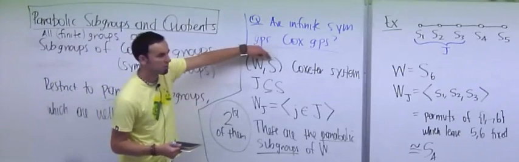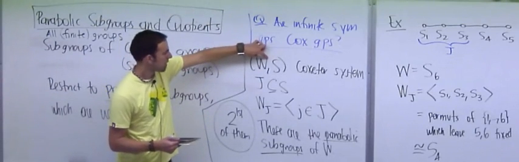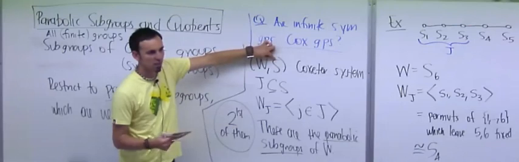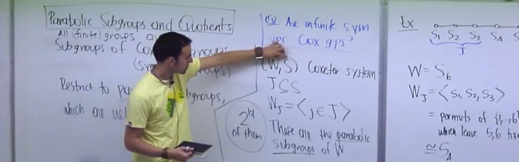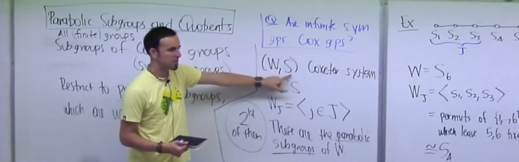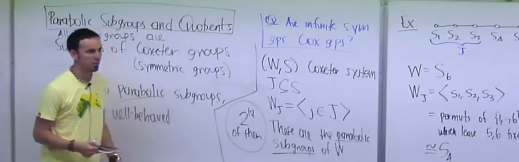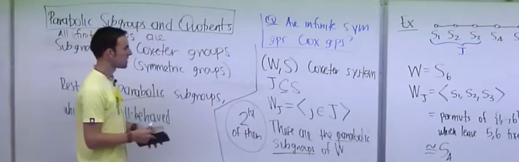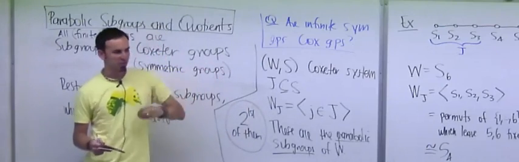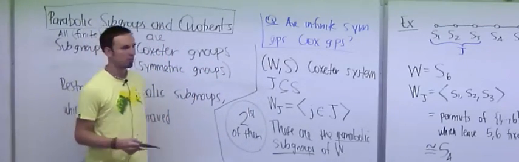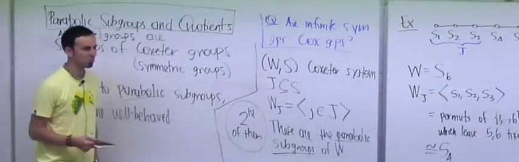If I fix W and I change S, because I might have different sets of Coxeter generators. By changing S, what you just get is a different family of parabolic subgroups. And if your interest is to study the group W by studying the parabolic subgroups that live inside there, then the more collections S of generators that you can find, the better.